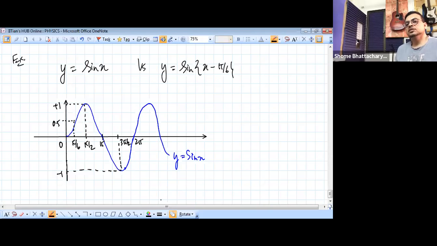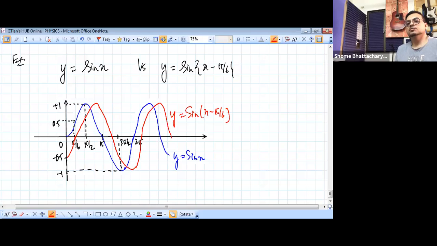So in comparison, this will look like this. This is what the graph of sin(x - pi/6) looks like.